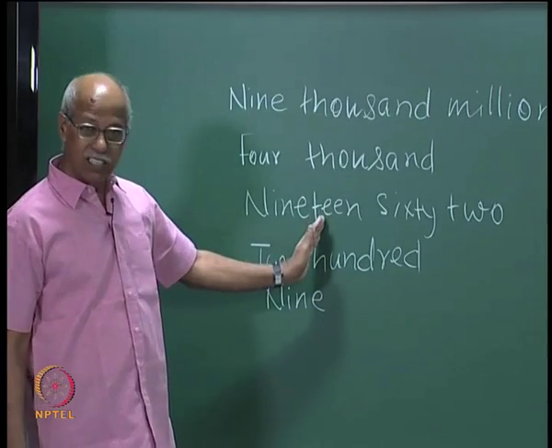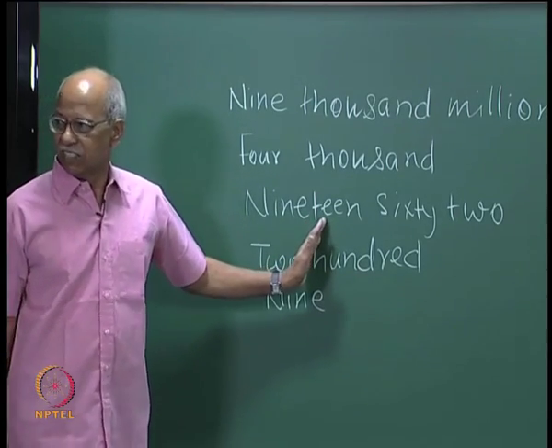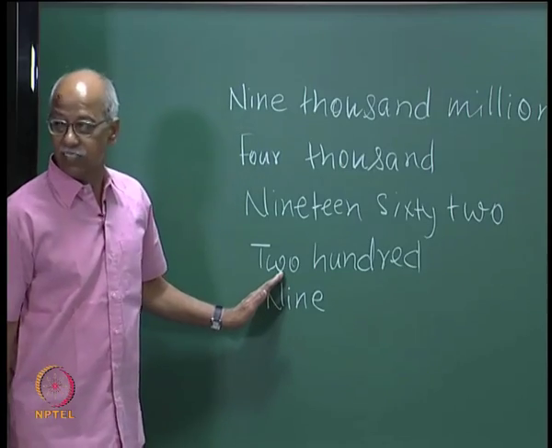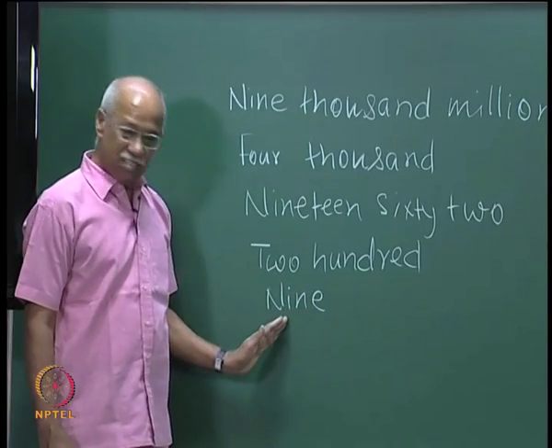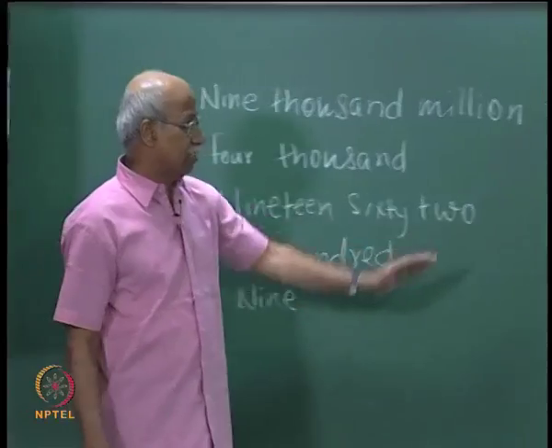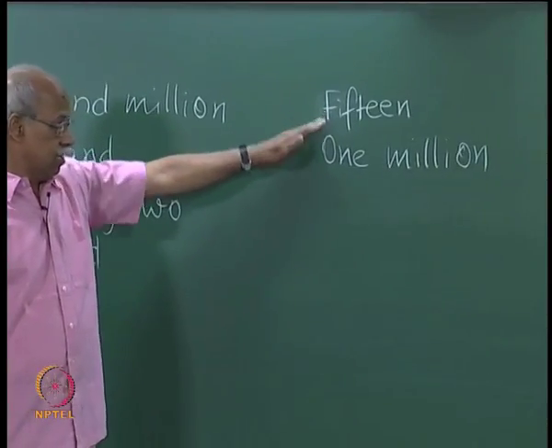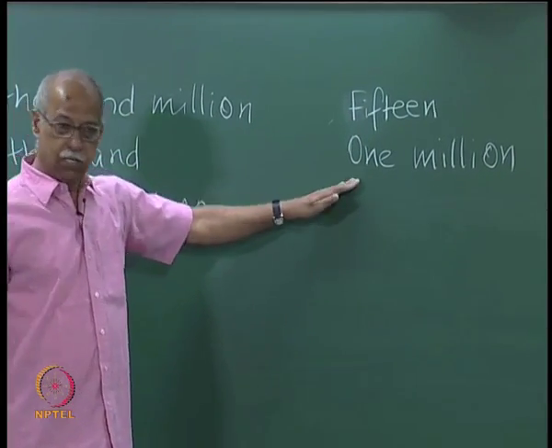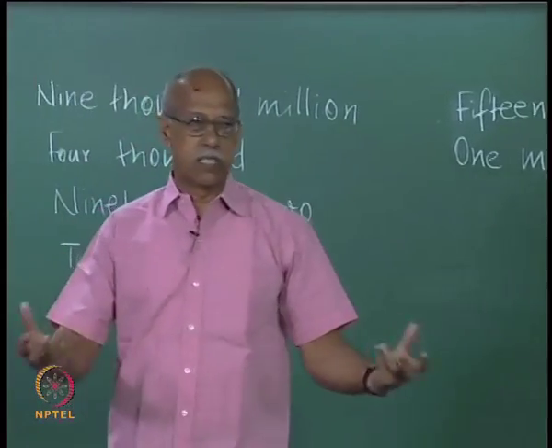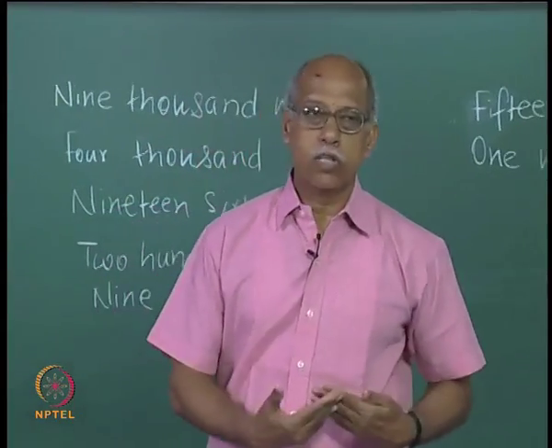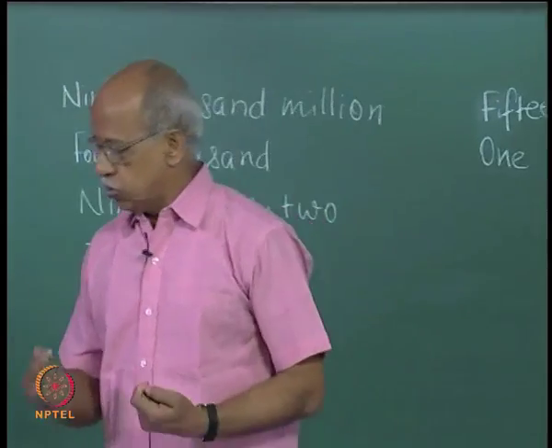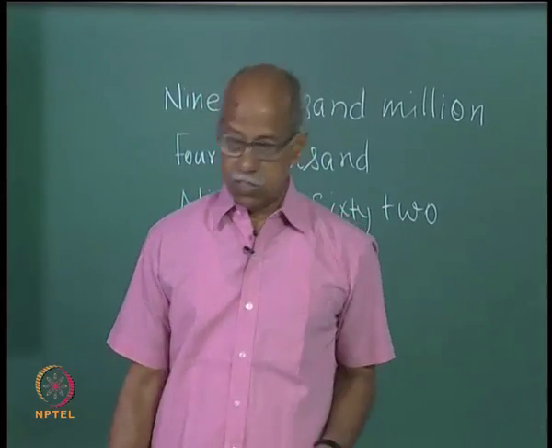Once again, 1962. This. 200. This. 9. This. 15. This. 1 billion. Okay. Numbers also, once they have more than one syllable, there is the question of stress. Which part of it is stressed?